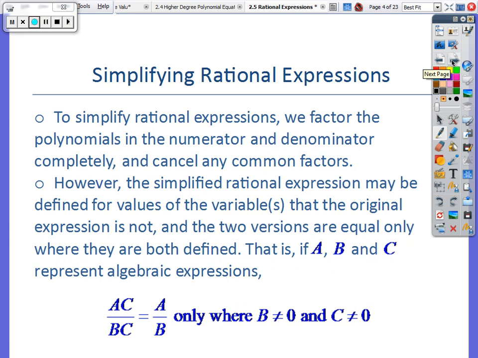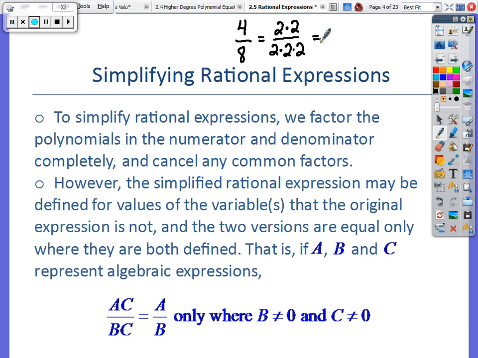Okay, so to simplify rational expressions, you want to think more like a fraction. And so how do we simplify fractions? Well, we can reduce fractions. Let's, for instance, look at 4 over 8. That's a fraction, so that's going to be similar to what we're going to be dealing with. And how do we reduce 4 over 8? Well, technically what we do is we factor 4, or break it down to its primes, and we do the same thing with 8.